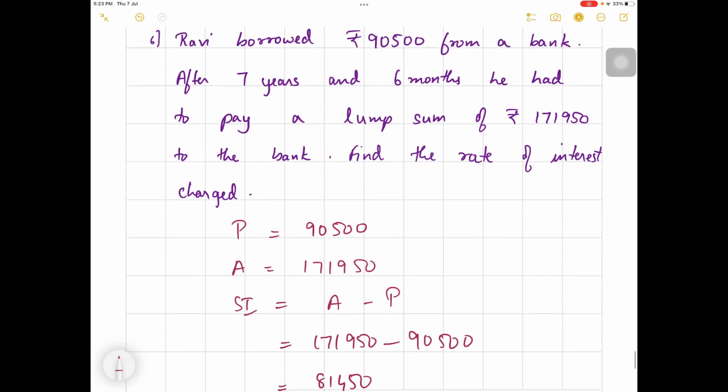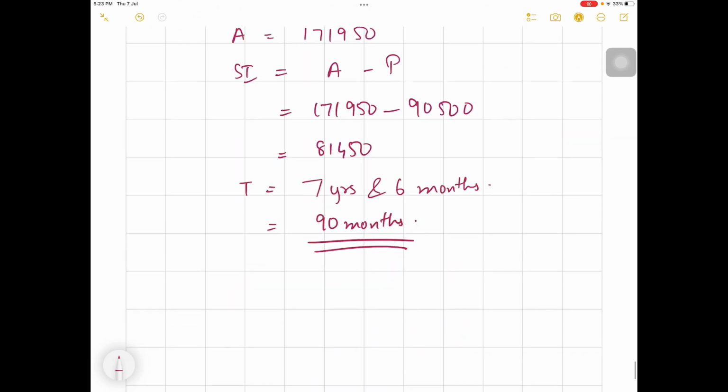So term is 90 months. And you are supposed to find R.